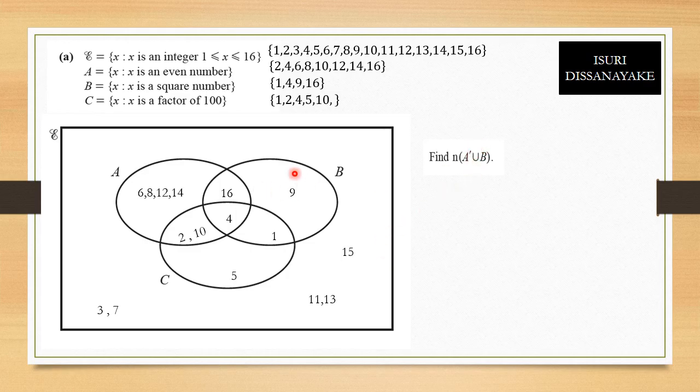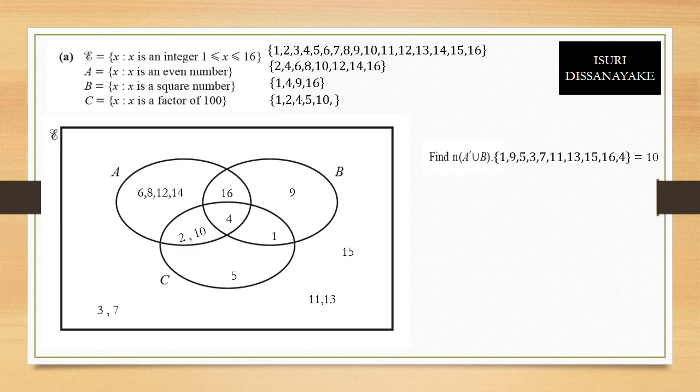Union says all with B. So you have already counted 8 elements. Now in B, how many elements are there? 8, 9, 10. Because we're not going to double count 1, we already counted. So we have 9 and 10. Number of elements in A dash union B is then 10.